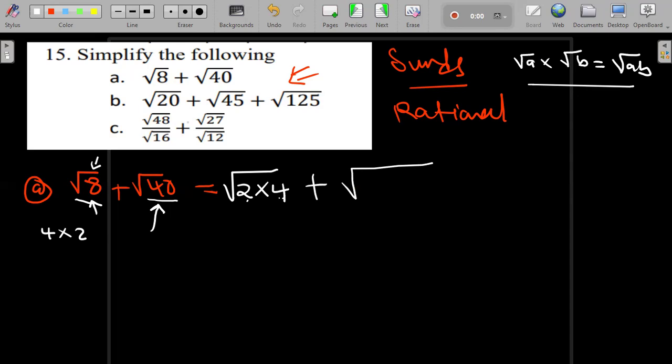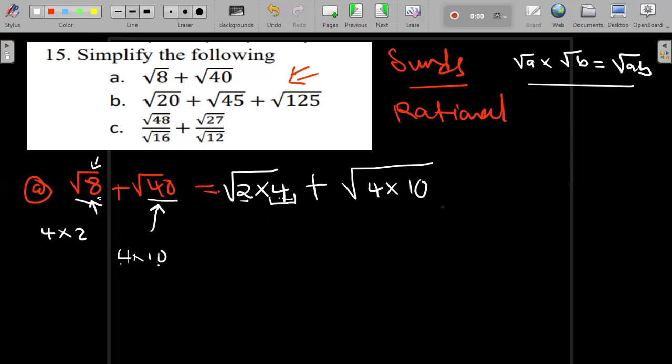Notice how we picked the numbers for this 8 here. We picked 2 and 4, and we know that this 4 here has a perfect square root. So for the 40, we're going to pick a 4 and a 10. We know that 4 multiplied by 10 is equal to 40, right? So I'm going to write 4 multiplied by 10 here.